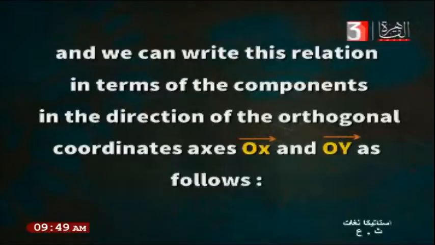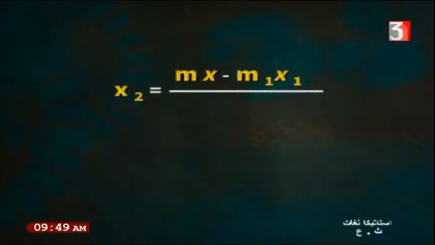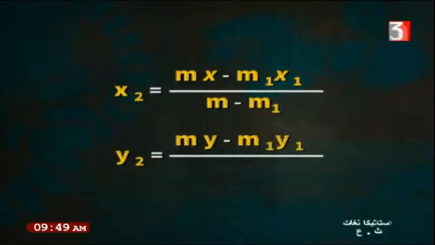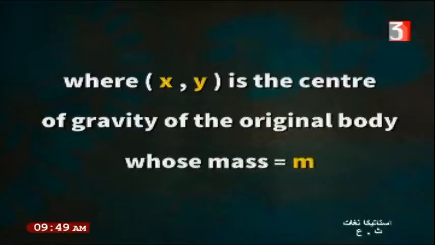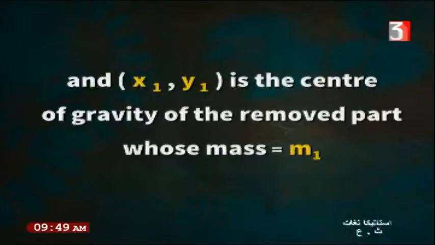We can write this relation in terms of components along the orthogonal coordinate axes OX and OY as follows: x2 equals (m x minus m1 x1) over (m minus m1), and y2 by replacing x with y equals (m y minus m1 y1) over (m minus m1), where x, y is the center of gravity of the original body with mass m, and x1, y1 is the center of gravity of the removed part whose mass is m1.